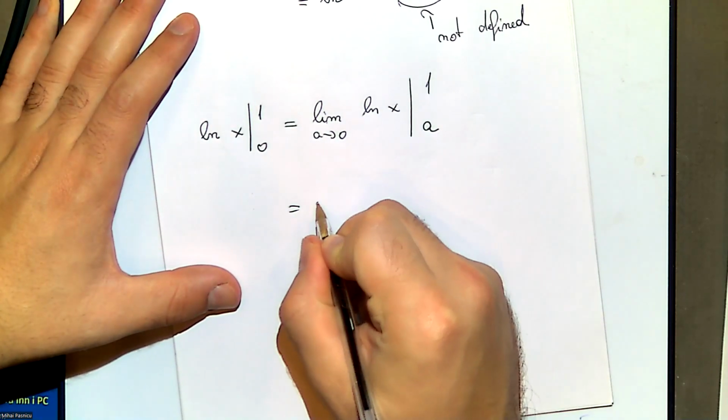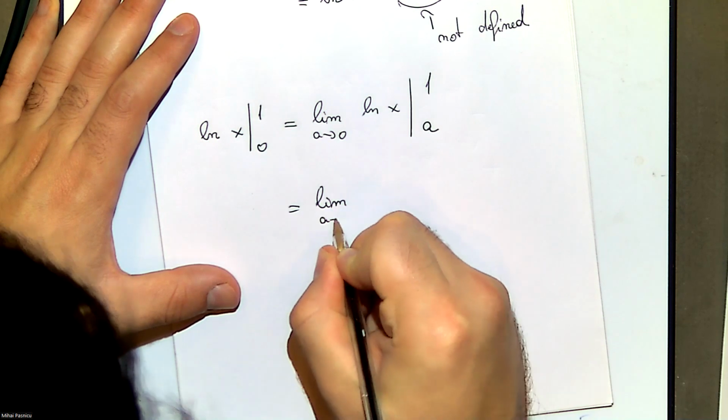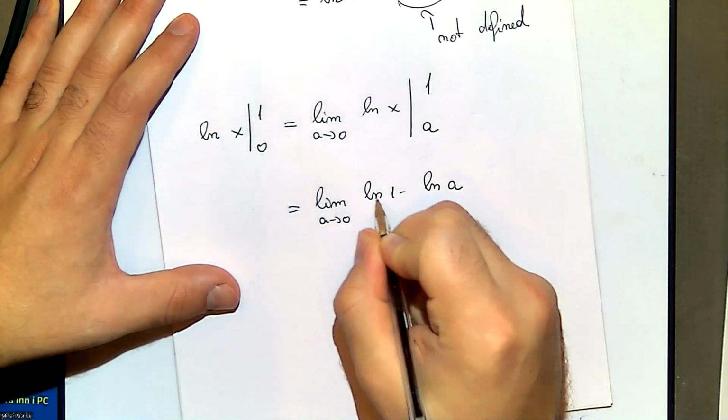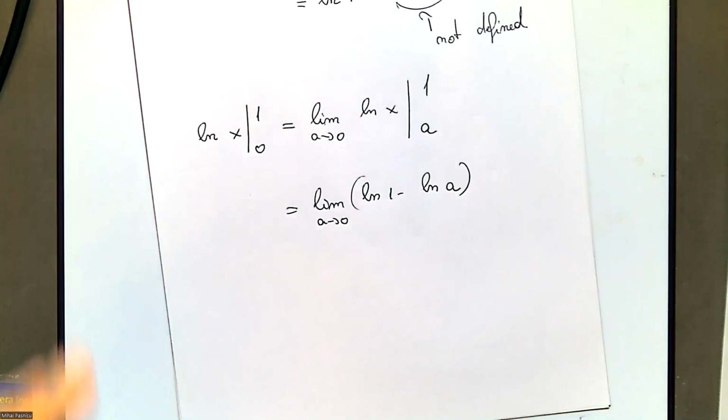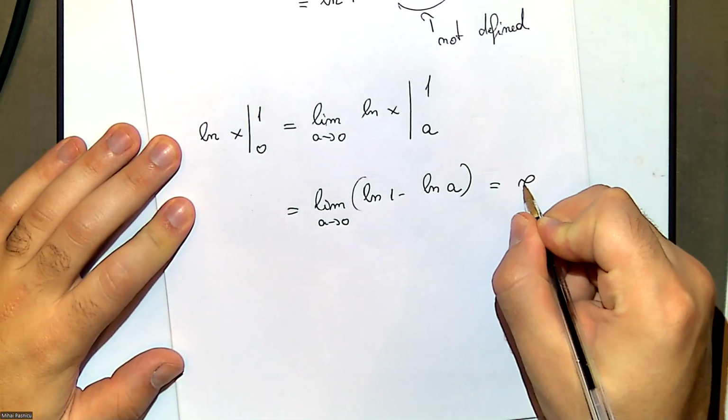So basically, this would just be the limit as a goes to 0 of ln of 1 minus ln of a. You know that ln of 0 is not defined, but as a goes very close to 0, ln of a goes to minus infinity. So I can just say that this is infinity.